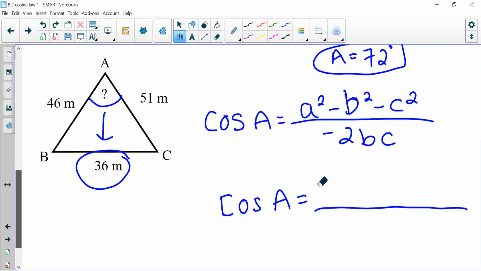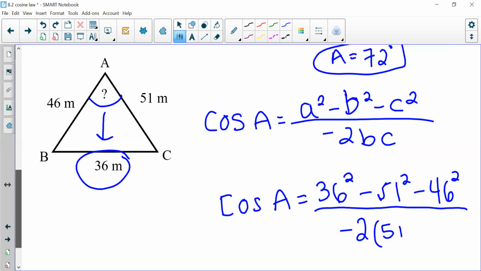Side A. Good, so 36 meters, so 36 squared. The other two don't actually matter. I'll put them in the appropriate order based on the formula, but you could play around with it. It doesn't matter if I switch the 51 and the 46. Just the 36 has to be in that first spot. That's the one that matters. In the bottom, I repeat my second two numbers, so 51 and 46.